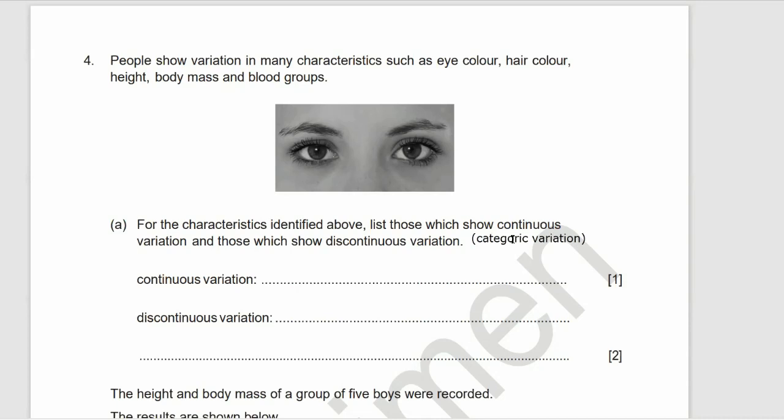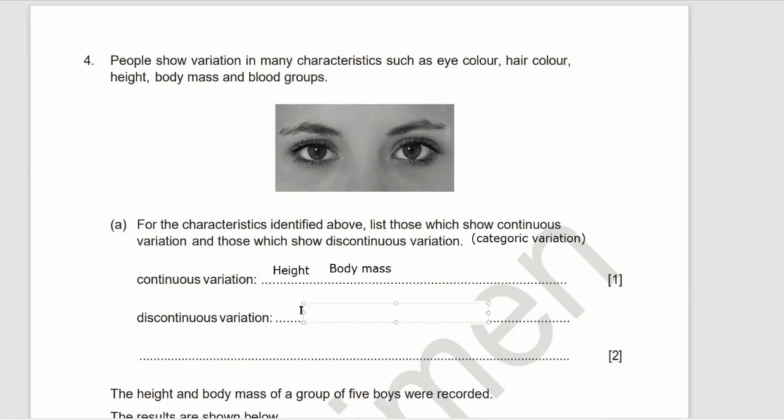Okay, you can't really group it. So let's look at things that are continuous variation that you'd struggle to put in a group. You'd struggle to group people by height. Everybody's height is different. No two people have the same height, etc. You would struggle to put people into groups by their body mass. It just continues.